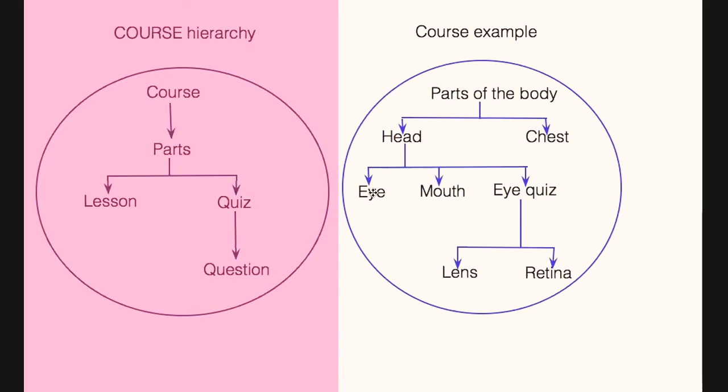Maybe we learn about the eye lesson or mouth lesson, or you can have different quizzes like the eye quiz. And out of these quizzes, you can have different questions, and each of the questions could be about the lens or the retina, and it can go on and on. And this is what a course hierarchy is.